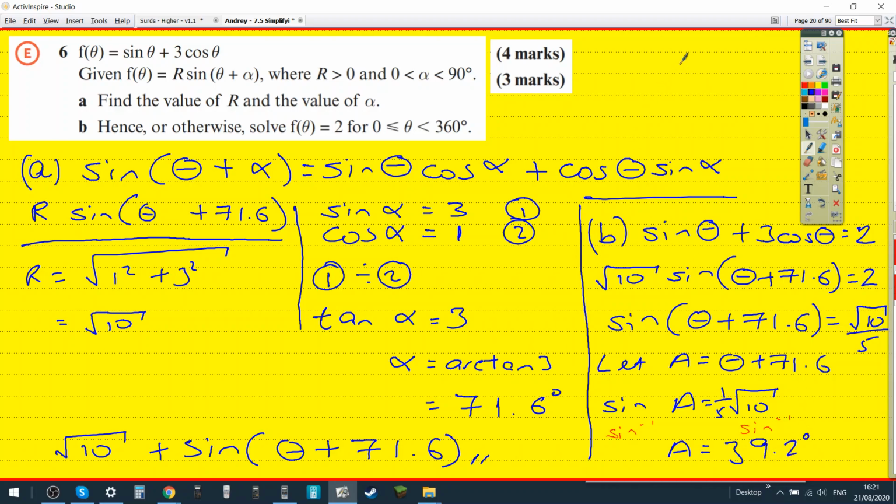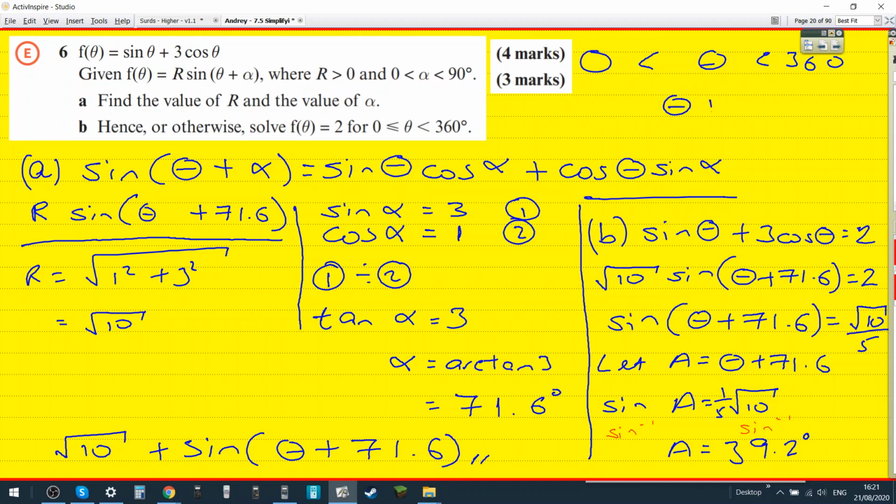And do I need to, if it was 0 is smaller than theta is smaller than 360, I now need to change that, don't I? Mm-hmm. And that'll become 71.6 is smaller than theta plus 71.6 is smaller than 431.6. Okay.